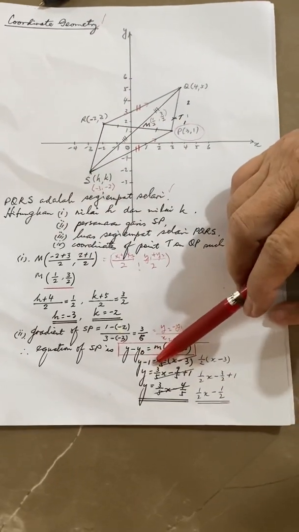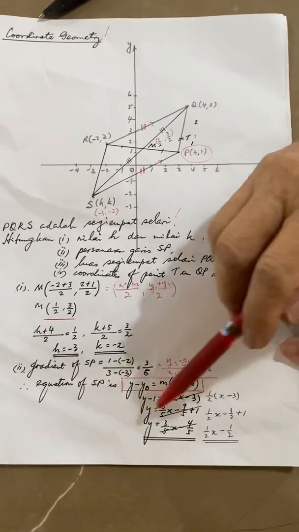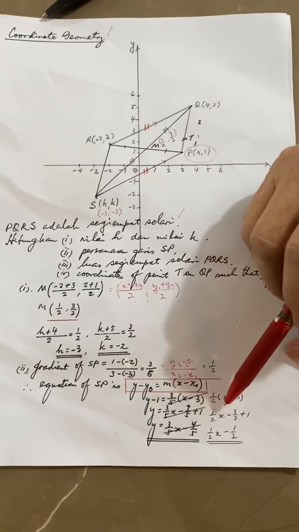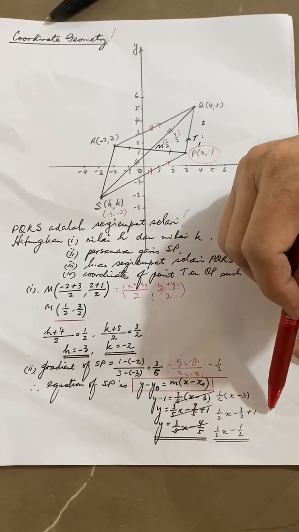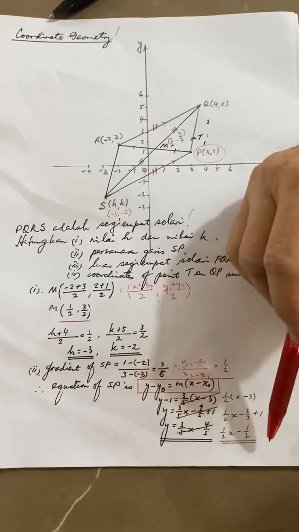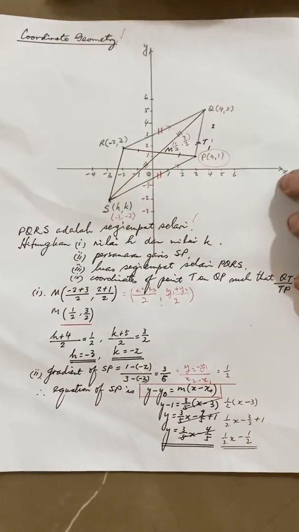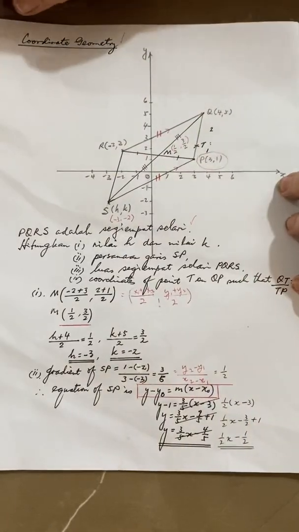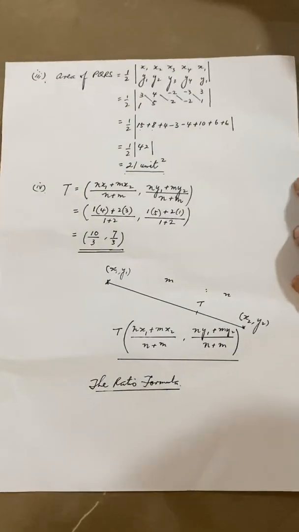So y minus 1 will be the gradient half times (x minus 3), and this is half x minus 3 over 2, the minus 1 taken over becomes plus 1. Now, if the question does not say to put in any particular form, just leave it there. Don't risk getting careless mistakes.